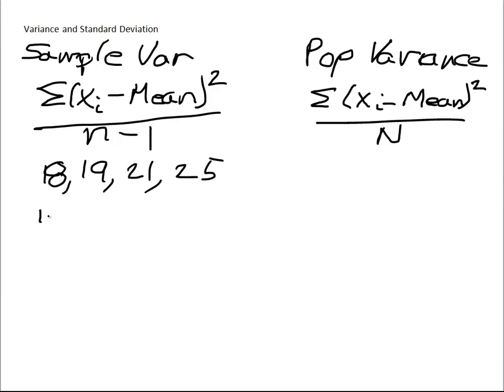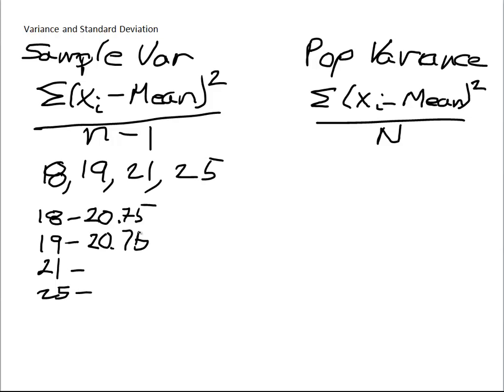So those are my x's, those 4 ages. Let's write down the 18, 19, 21, and 25. So those are my x's. Let's subtract the mean from each one. The mean that I calculate is 20.75, which we put all the way down here.